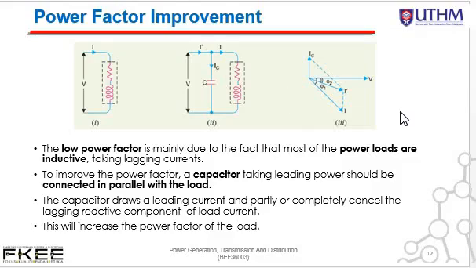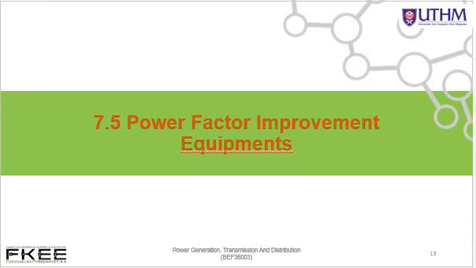Consequently, by having a capacitor in parallel with the load, we reduce the losses and improve the system performance in efficiency and also its voltage regulation. The following subtopic will list out and explain the equipment required to improve the power factor of a system.